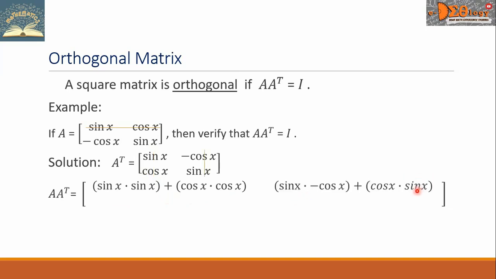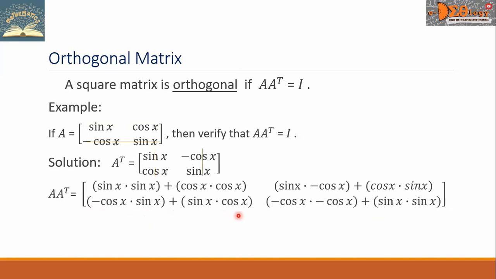For the next element, we have sin x times negative cosine x plus cosine x times sin x. For the element below, we have negative cosine x times sin x plus sin x times cosine x. Then the last will be negative cosine x times negative cosine x plus sin x times sin x.